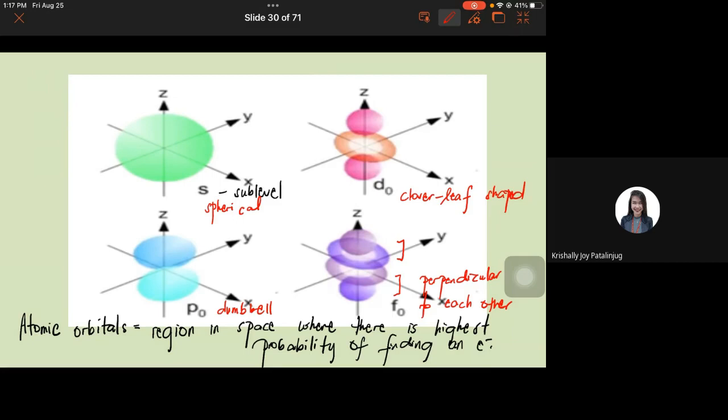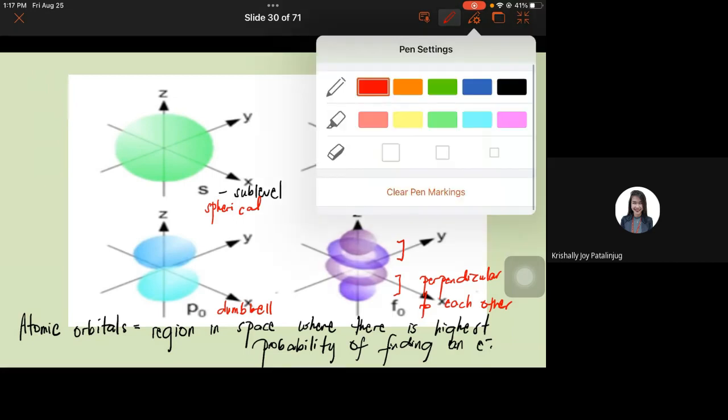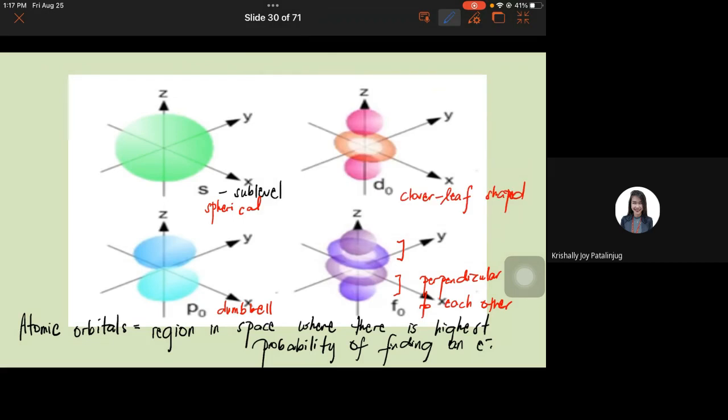Please take note also for now, although we will have a thorough discussion later on, that the S subshell contains only one orbital. Any S subshell that you will encounter later on upon writing the electronic configuration of an atom contains only one orbital. For P subshell, three orbitals.